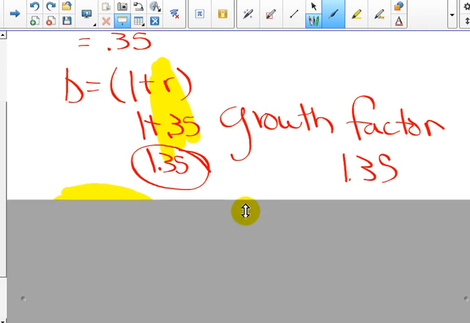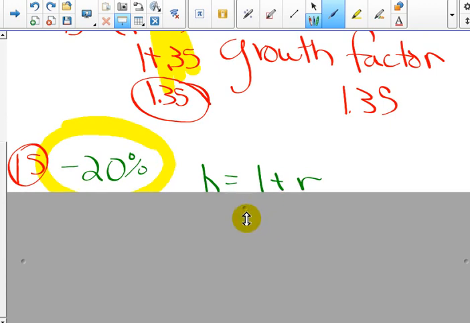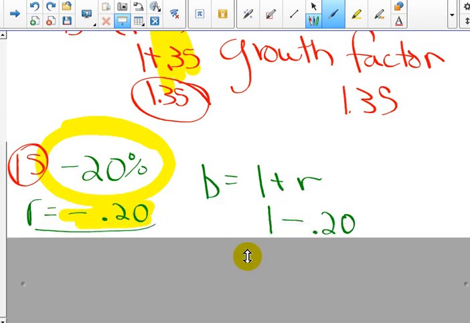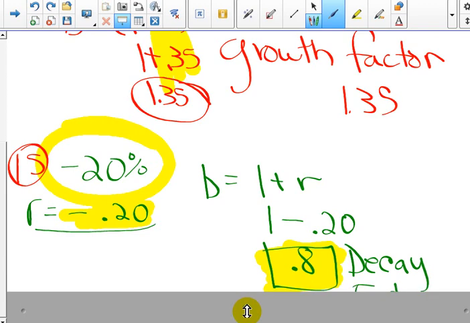Easy, right? Now for 15, they give us negative 20%. So turn it to a decimal. That would be negative 0.20. And now add that to your equation. B equals 1 plus negative 0.2. So that's going to give us 0.8, which is between 0 and 1.